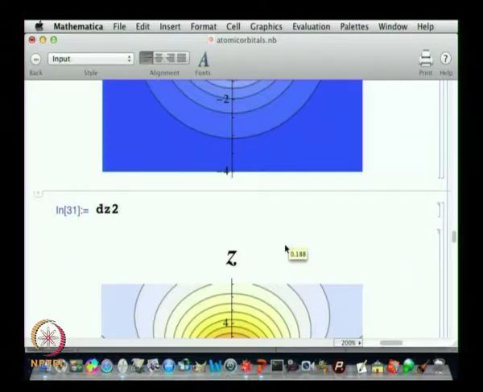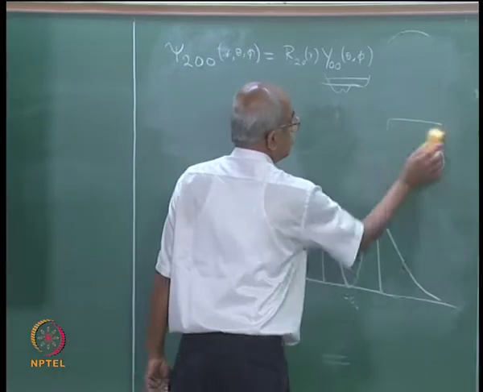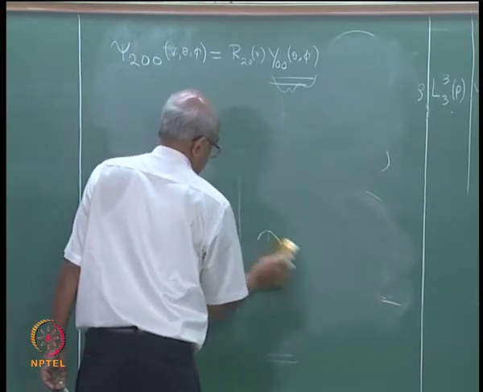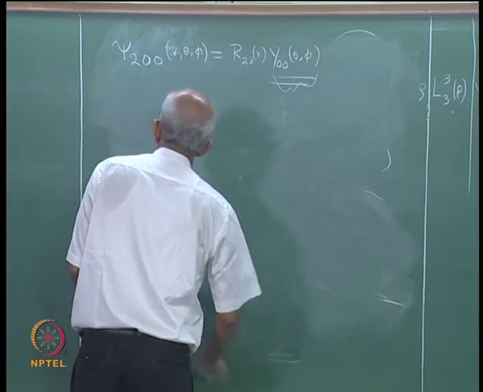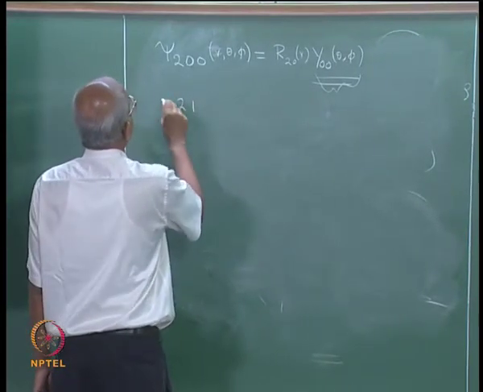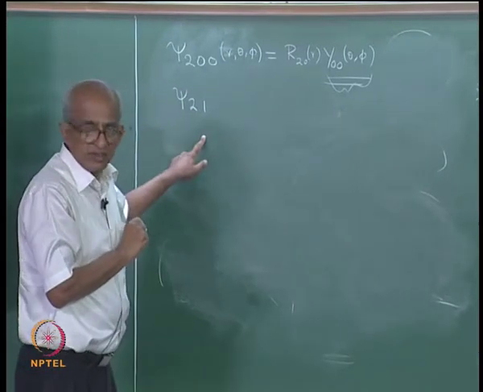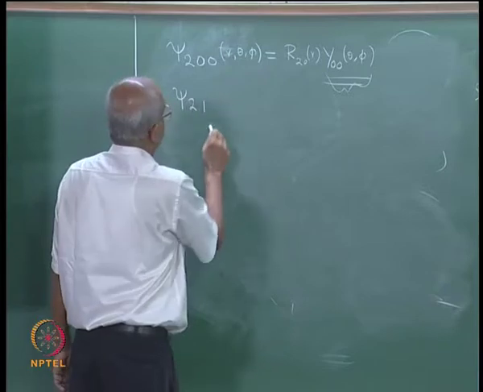Okay, now let us look at the case where n is equal to 2, and L is equal to 1. So, n is 2, L is 1, and what about m?